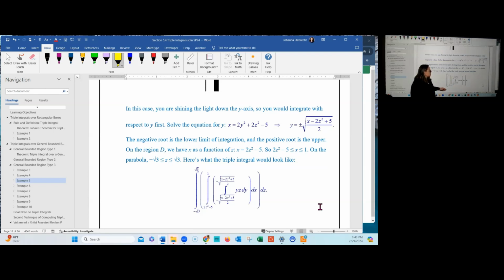Then we can integrate with respect to z by setting that on our value here, and that gives us that z squared is less than or equal to 3, so z is between negative root 3 and root 3. That's the value of z on the parabola.